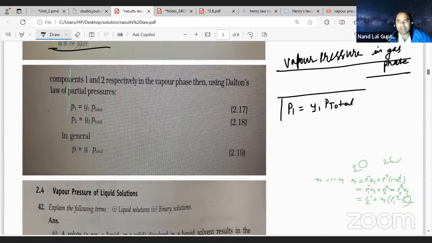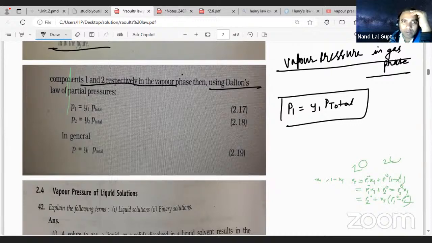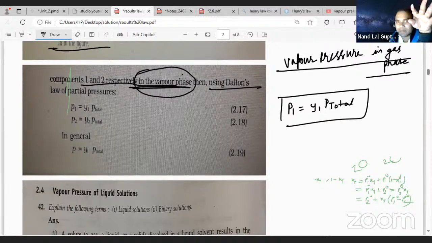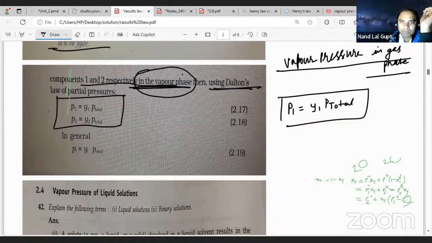This is derived from Dalton's law of partial pressure, which I am not going into now. If 1 and 2 are both in the vapor phase, then using Dalton's law of partial pressure, P1 is equal to y1 P total and P2 is equal to y2 P total. This you have to keep in mind.